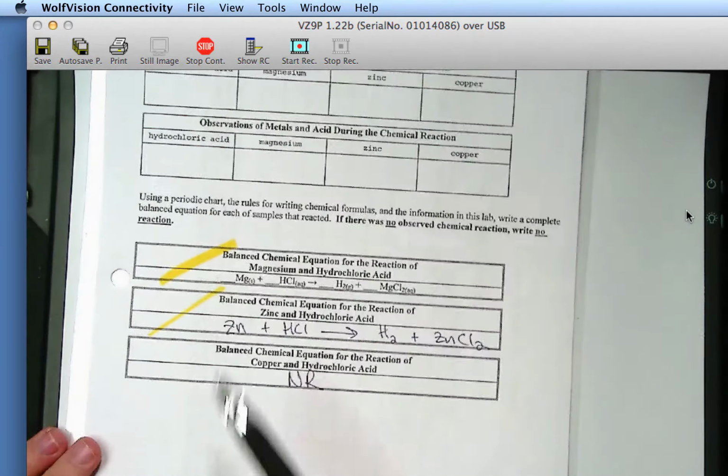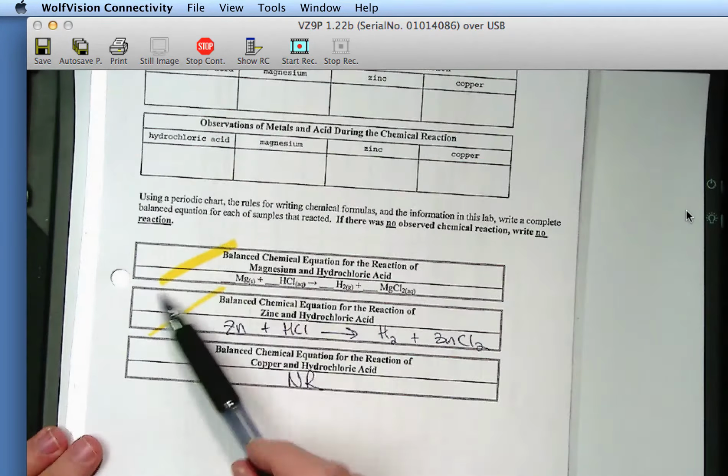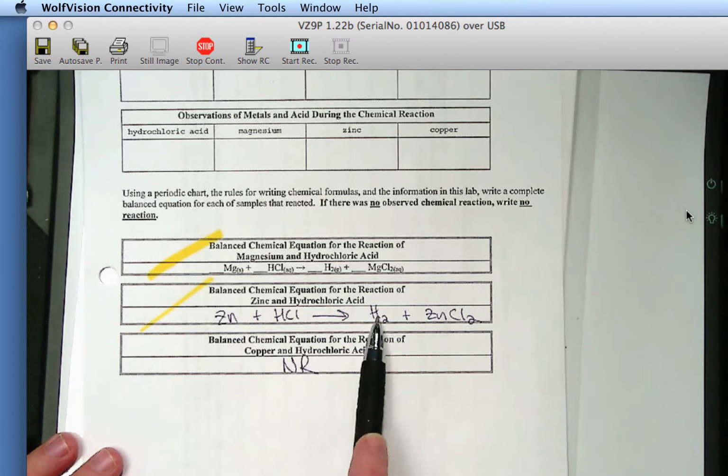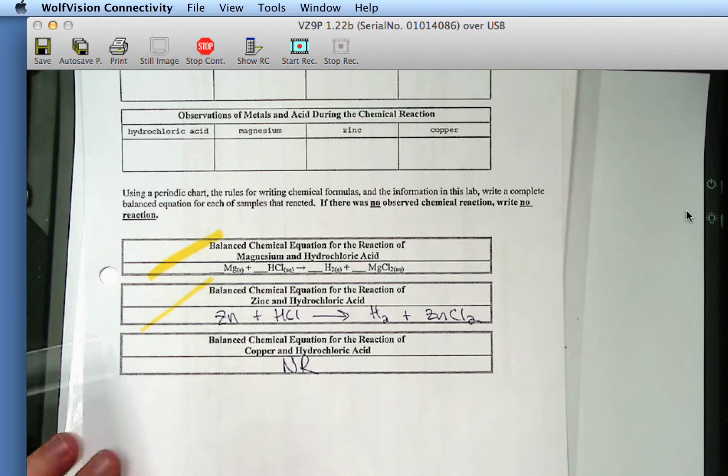Then on the next page, balance these two equations. I have provided the equation here, zinc plus HCl gives you H2 plus ZnCl2. Balance that one. And then for the last one, there's no reaction. No chemical reaction.